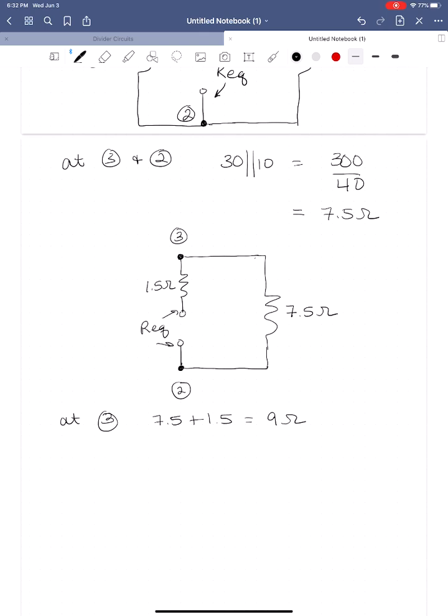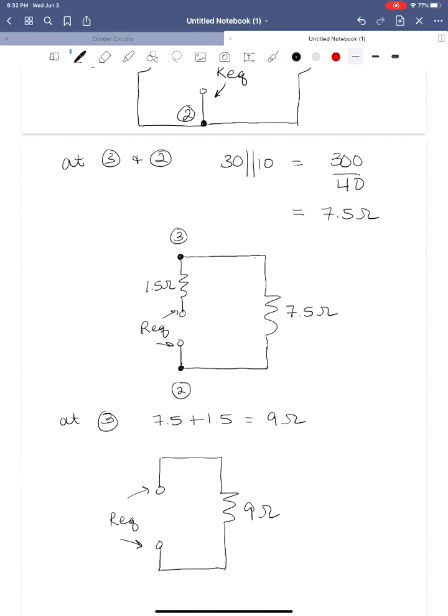And so now we have REQ relative to those 2 points, and this is 9 ohms. This is technically node 2, but it's really just a part of the terminal.